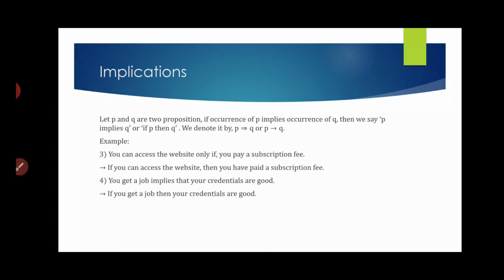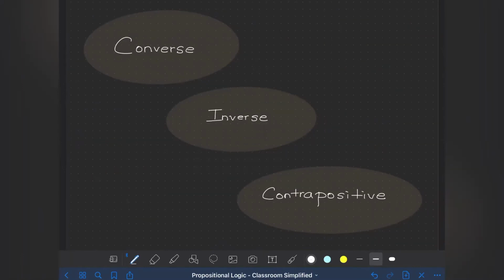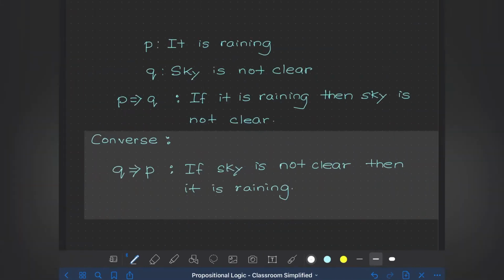Now we will be moving on to the next part, where Abhishek Paul sir is going to give us the idea of contrapositive, converse and inverse of an implication. Speaking about converse, if I take two propositions, P denoting it is raining and Q denoting sky is not clear, then P implies Q is the conditional: if it is raining, then sky is not clear.